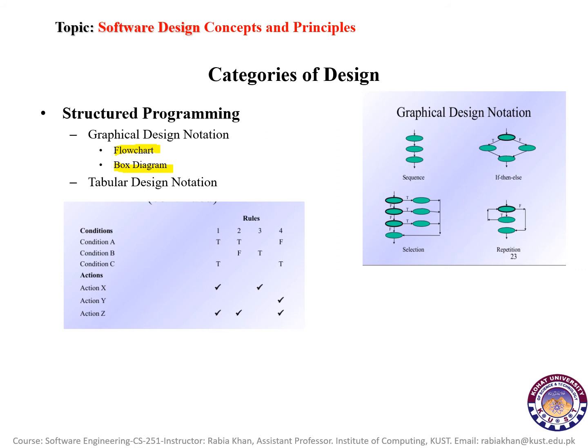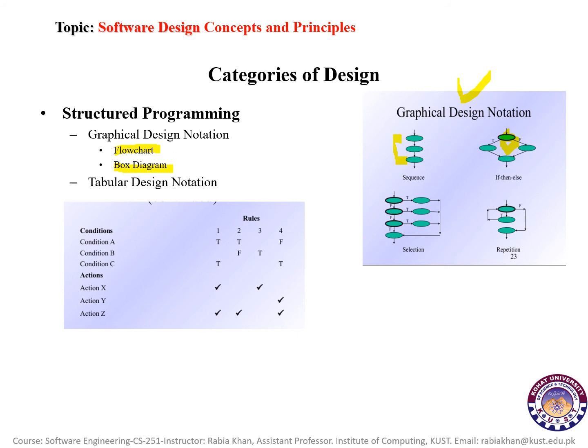So here you can see this is the flowchart diagram. These show the sequence of activities. This is actually a diamond. Here you can see the diamond shows the condition. So either the condition is true or false, so you can move on either side depending on the condition.